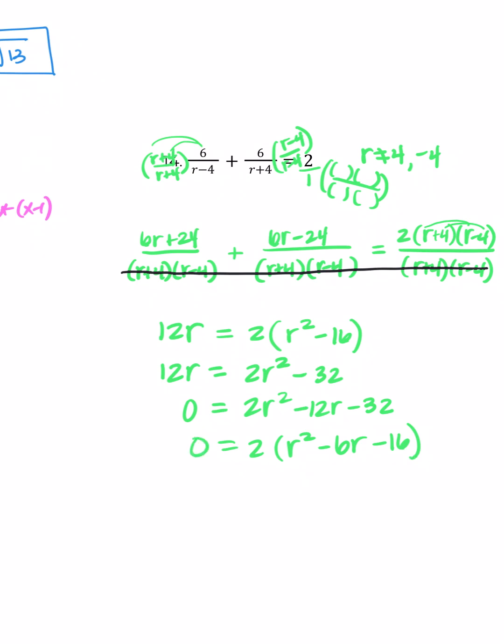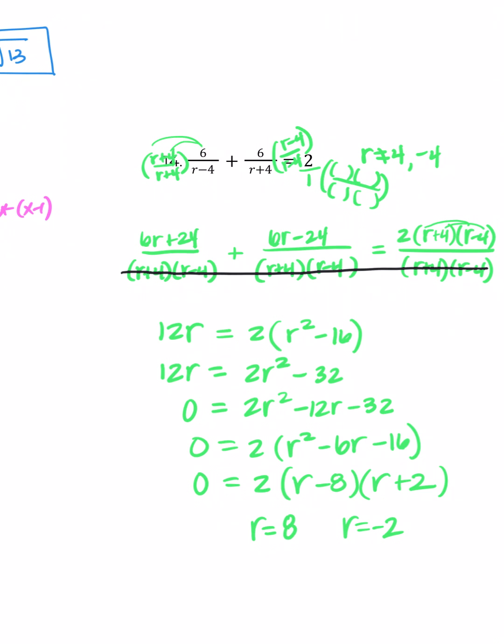Let's see if I can factor this trinomial. Factors of negative 16 that add to negative 6. It's got to be negative 8 and positive 2. So I can see my solutions would be at positive 8 and at negative 2.